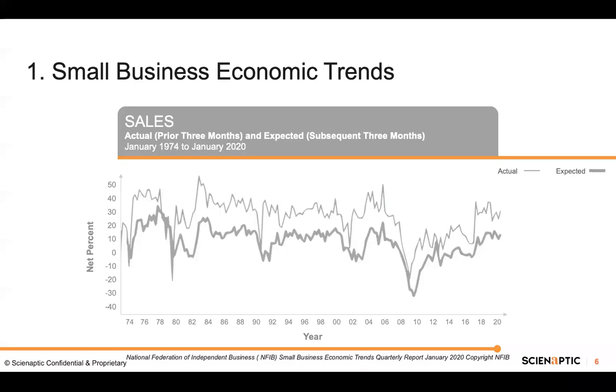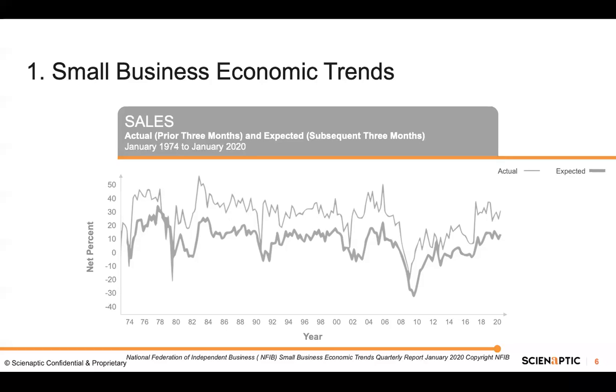It dipped to its lowest during the Great Recession, but then it's coming back up very strongly, the actuals beating the expectations all in all. So overall, compared to last month, sales are up by about 3%, and it's on an upward trajectory.